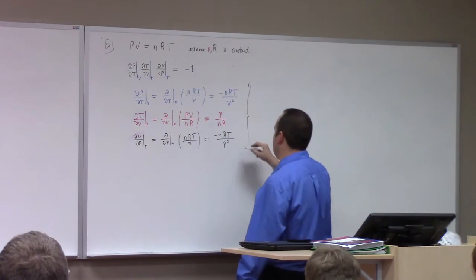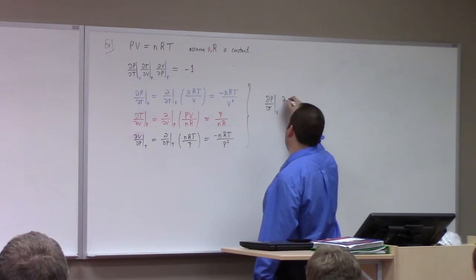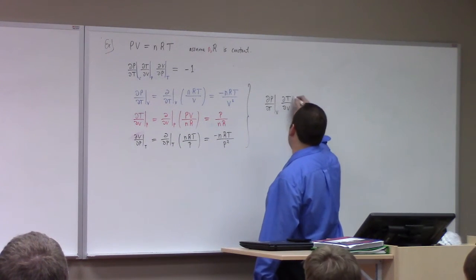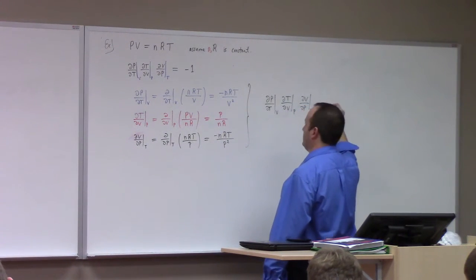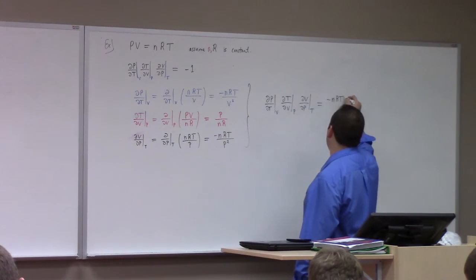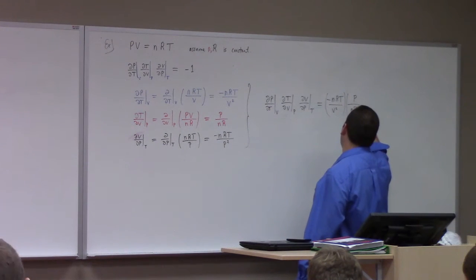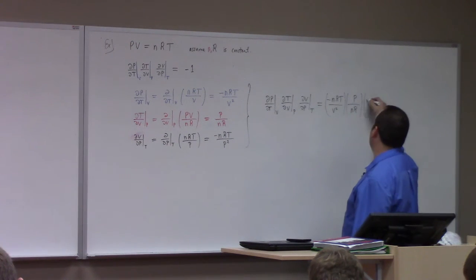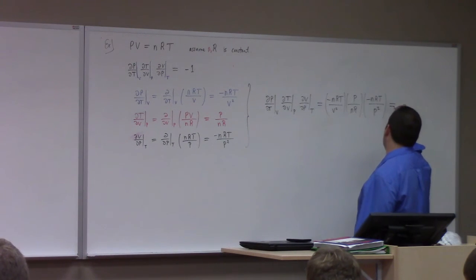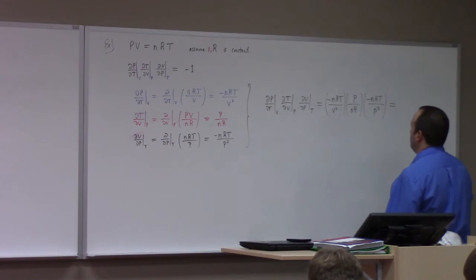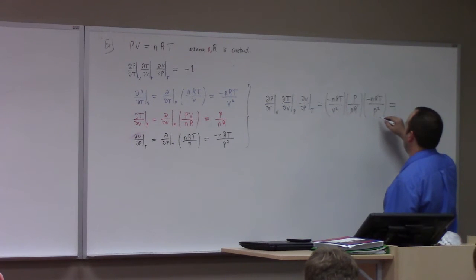So you take all these three together and you calculate, what do you get? Partial p, partial t at v, partial t, partial v holding p fixed, partial v, partial p holding t fixed, and that's nR over v, p divided by nR, and minus nRt divided by p squared. So what am I left with? You cancel some stuff.